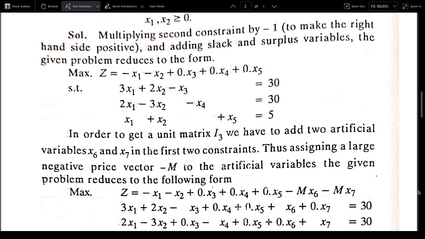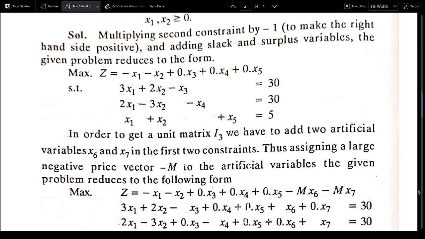We use a surplus variable, which enters with a minus sign, here minus x3.